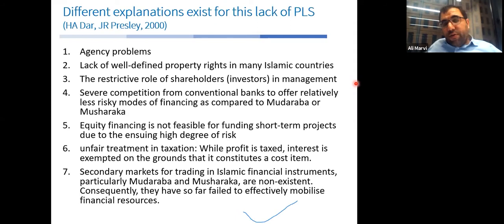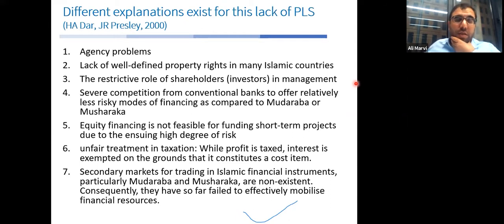This type of agency problem could not be overcome unless the central bank designed and ran a suitable rating and scoring system for rating projects, entrepreneurs, and different types of organizations.